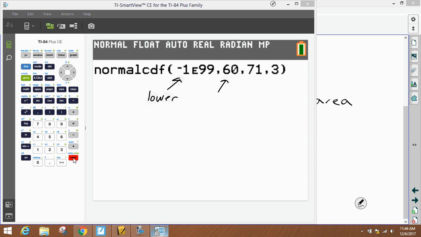My bad, sorry, this is x. This is your mean. Standard deviation. That's how it goes, okay? If you have an 84, it should give you this many. All right, so I hit enter.